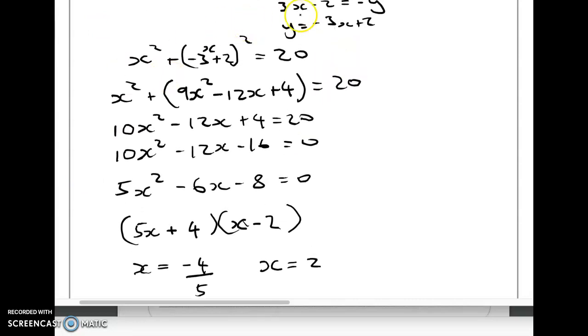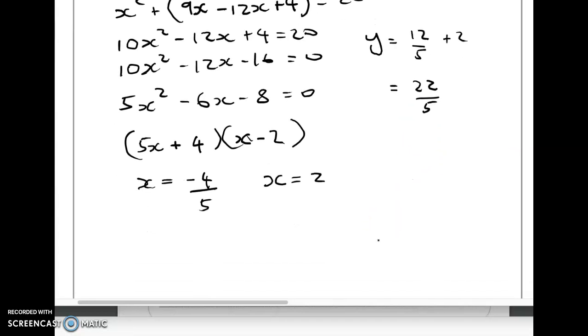You're going to get y equals 12 over 5 plus 2. 2 is the same as 10 over 5. So you're going to get 22 over 5. There you go. So y will equal 22 over 5 when x equals minus 4 over 5.